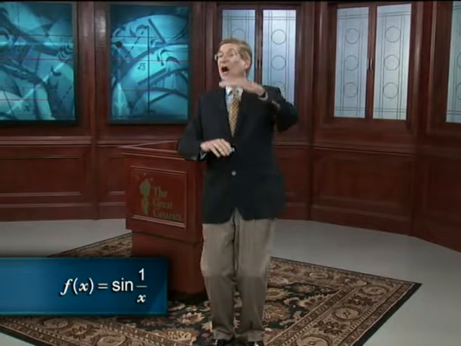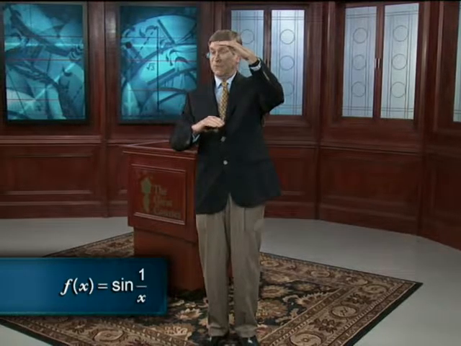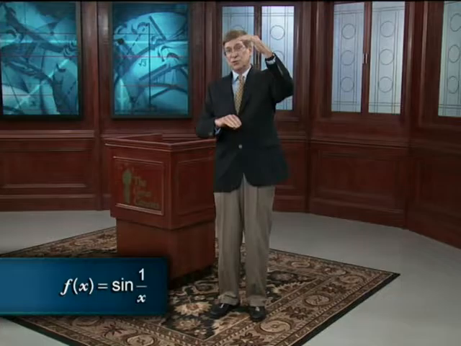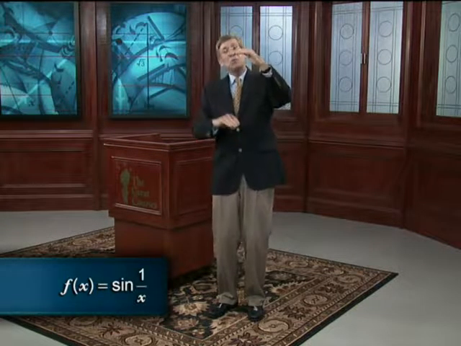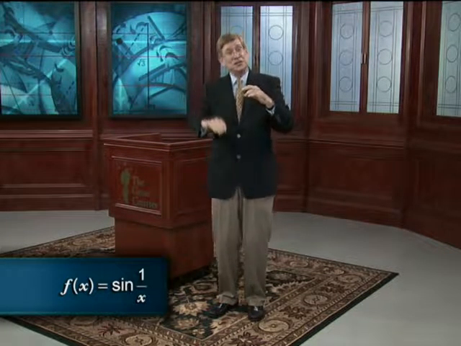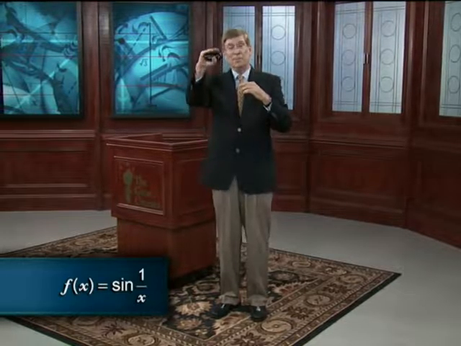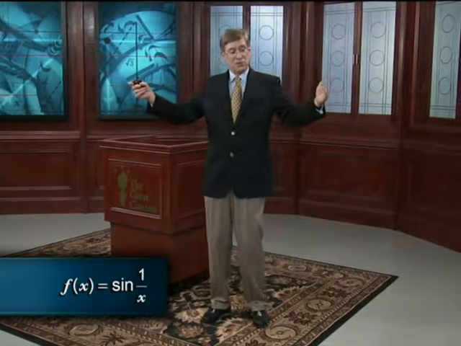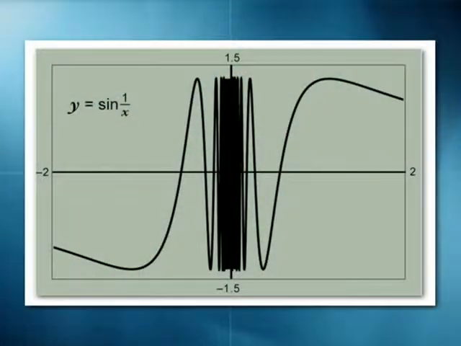And then the vertical window I'm going to set from minus 1.5 to 1.5. I know the amplitude is still 1, isn't it? There's no number in front of the sine. So it's going to go between minus 1 and 1. And here's a graph of it.